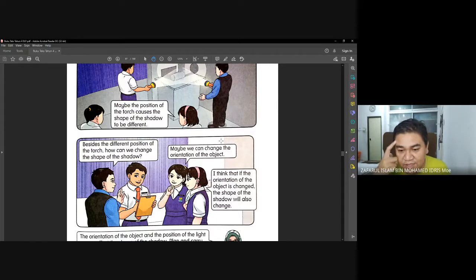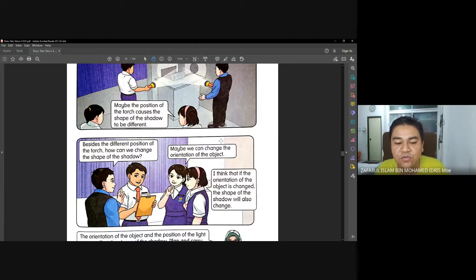I think that if the orientation of the object is changed, the shape of the shadow will also change. So, beside the position of the light source, the orientation. Orientation ni maksud dia, orientasi kedudukan objek tersebut pun mempengaruhi bentuk bayang-bayang.